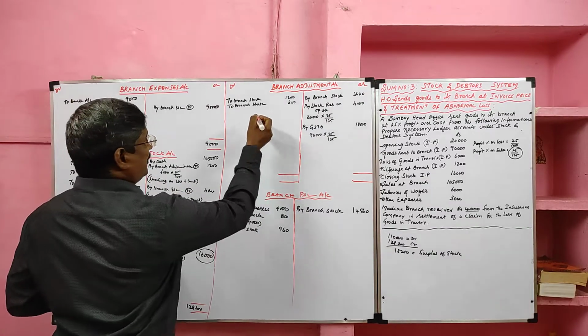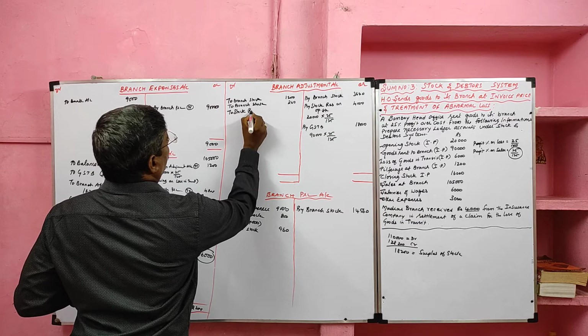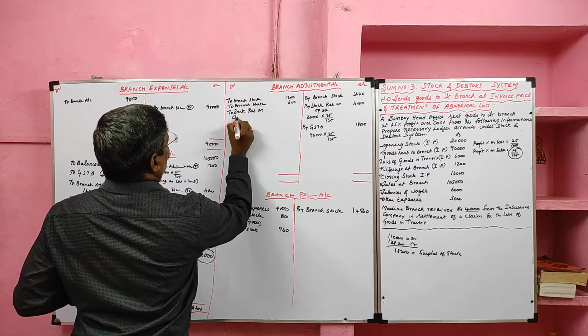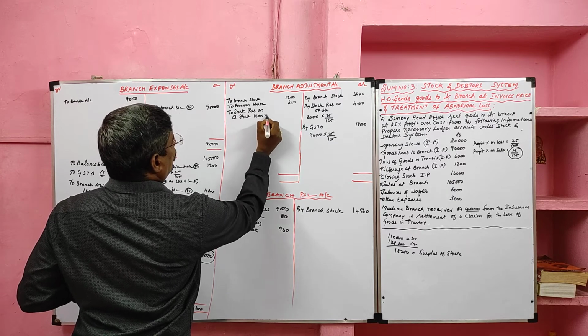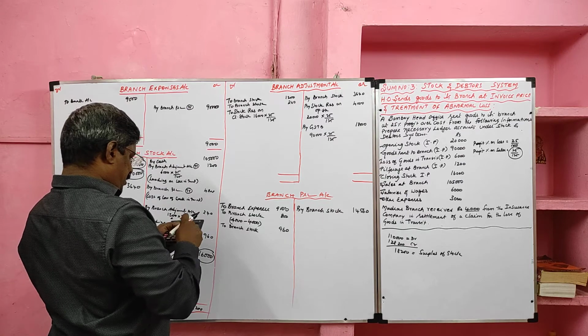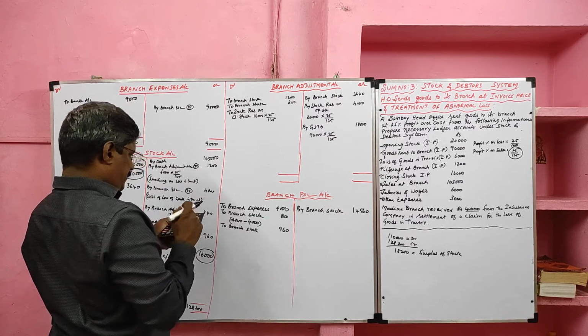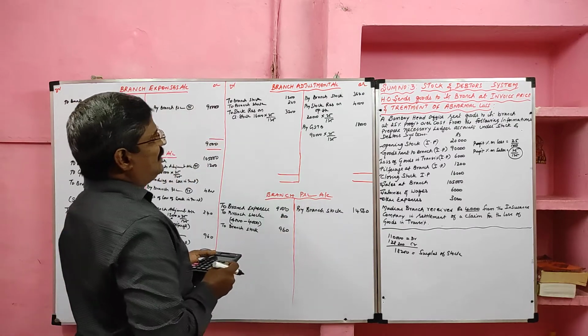Its stock reserve is taken on the debit side of the branch adjustment account. Closing stock value 16,000 into 25 by 125 gives 3,200.